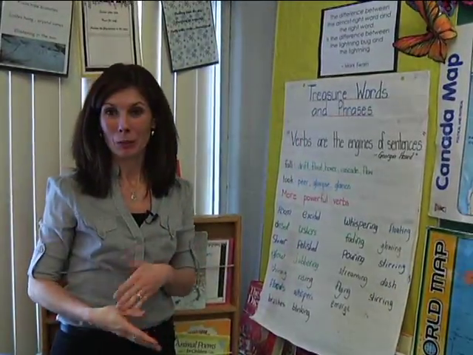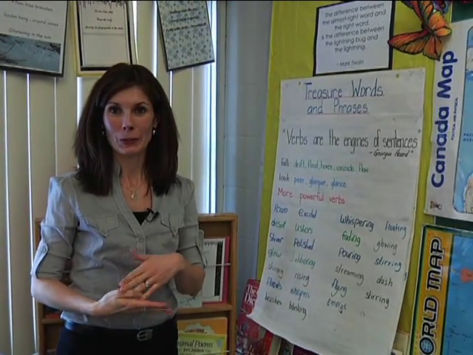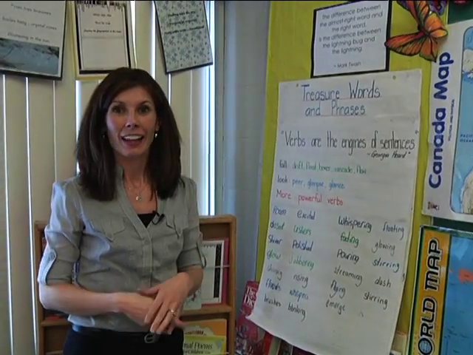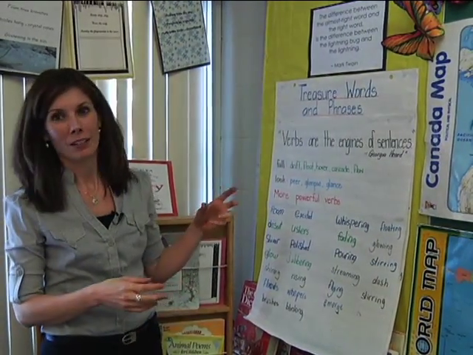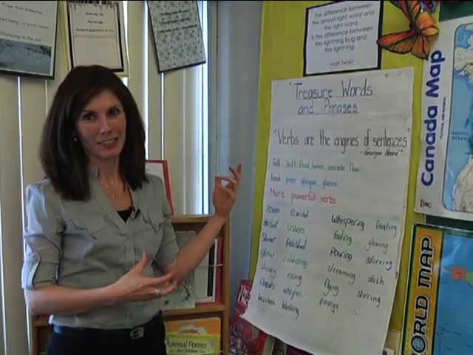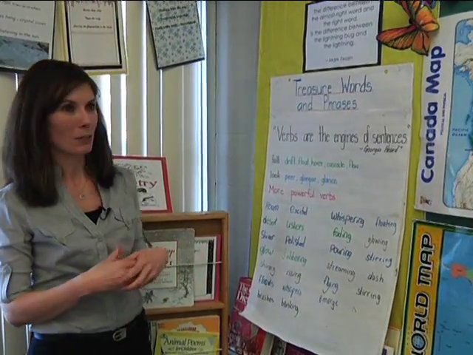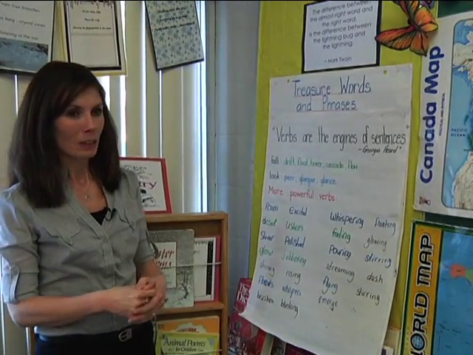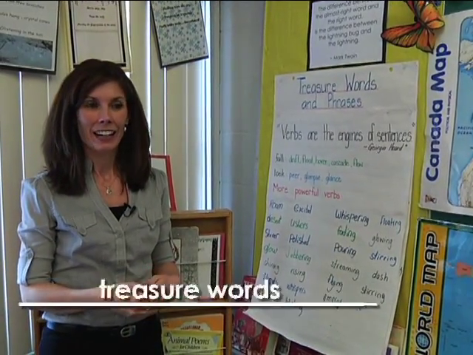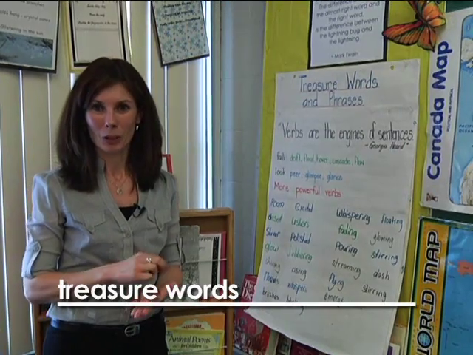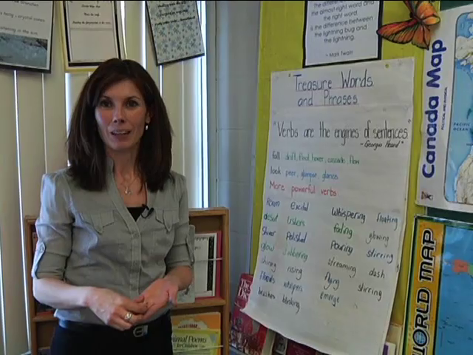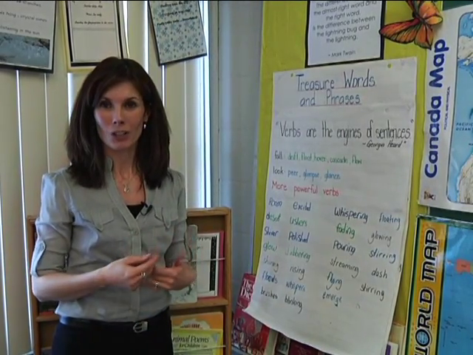At the very beginning, one of the purposes of the Moon Journal was to get the children to explore word choice. And so we called these treasure words and phrases, words that really created a picture in their minds. And each day during the sharing, everyone would jot down words and phrases that they particularly liked from their peers and words that made a picture in their mind.